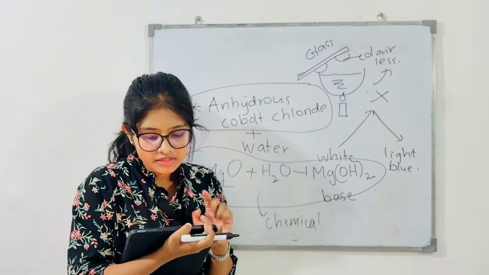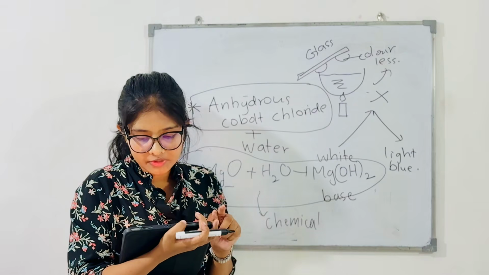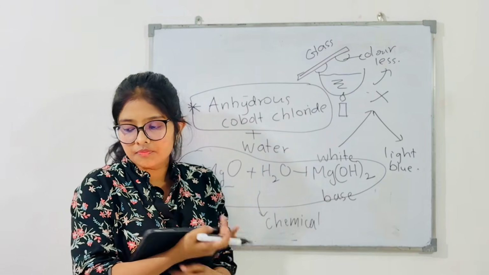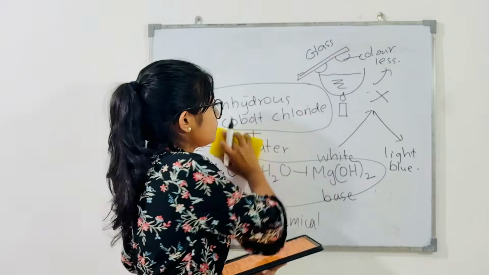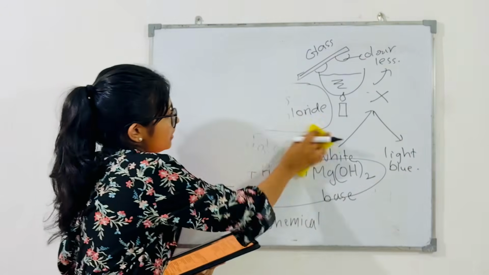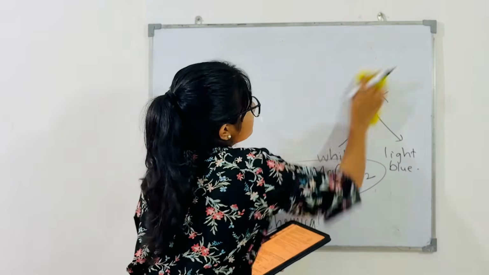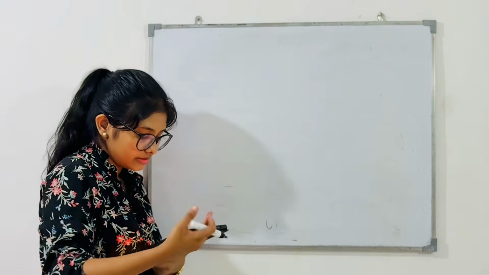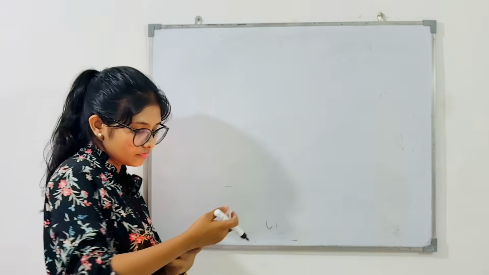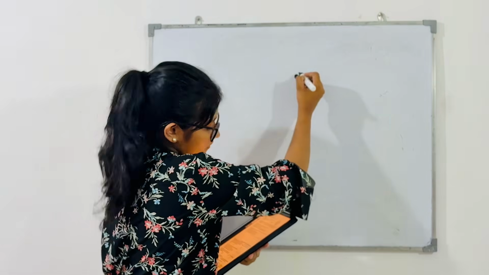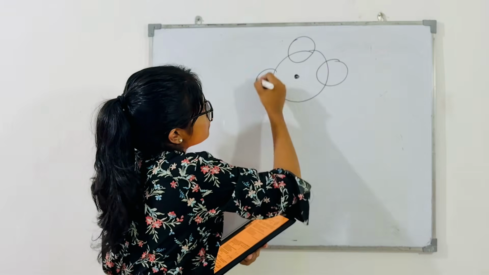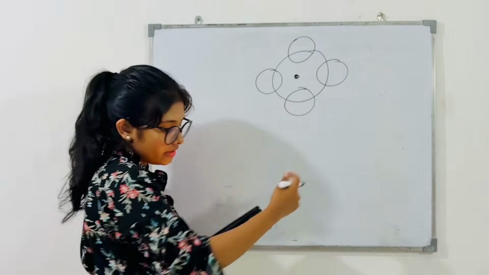The 28th one. The diagram shows the way of formation of chemical bonds in a certain compound. The compound may be... It's also really easy. Let's see how to get the answer. Okay, very easy, right?